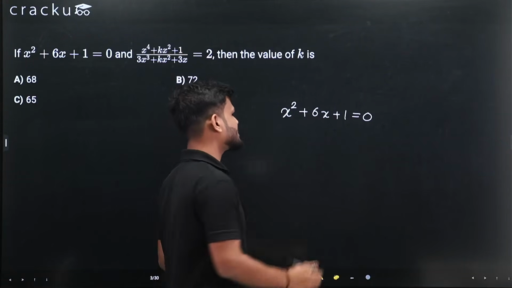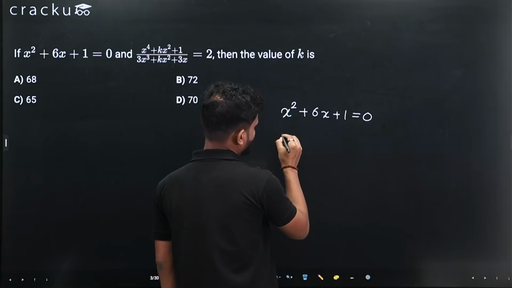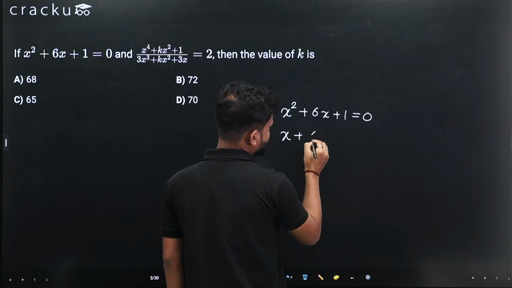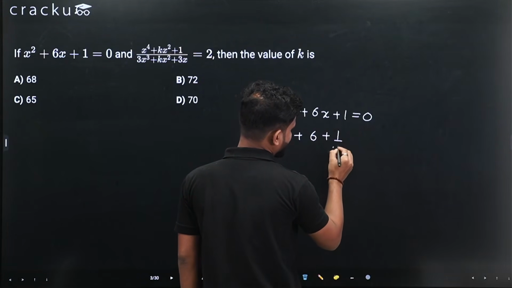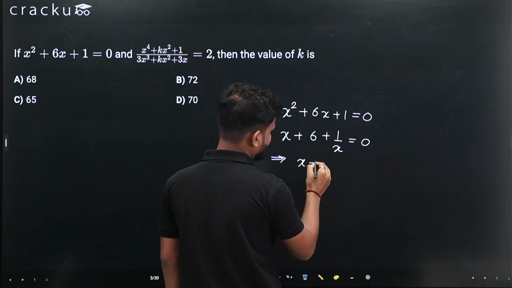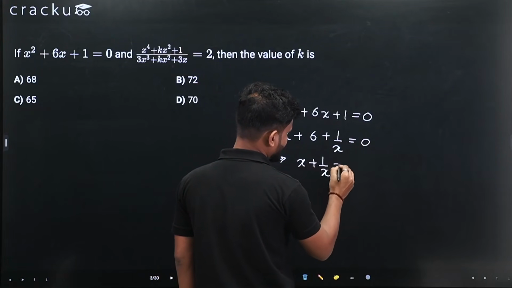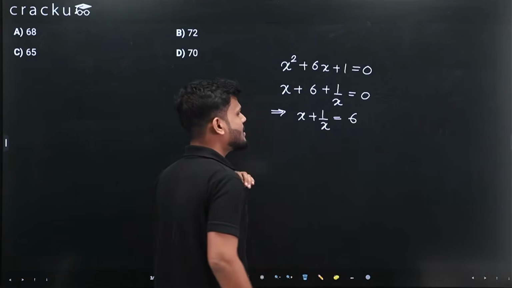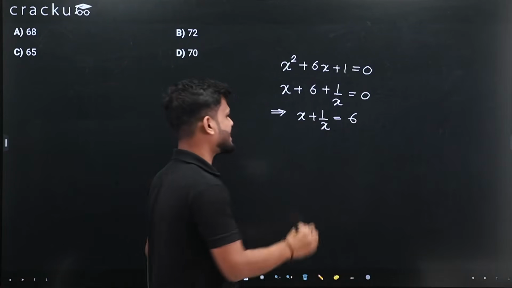How can you manipulate this? Divide both sides by x. You get x plus 6 plus 1 by x is equal to 0, or x plus 1 by x is equal to minus 6. From here, also find x square plus 1 by x square.